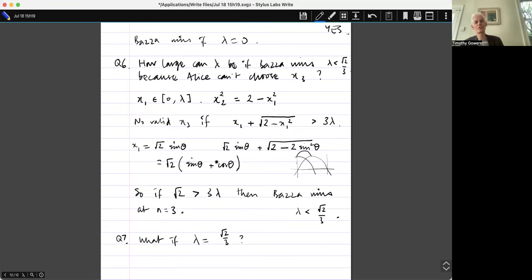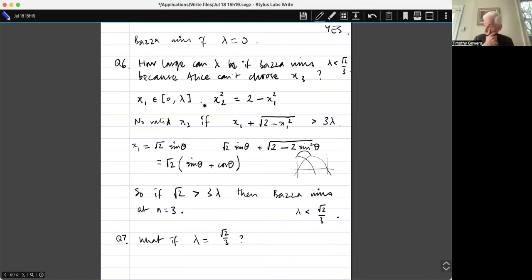And actually, there's an interesting symmetry there. So going back to when lambda was less than root 2 over 3, if Alice chooses x1 to be instead root 2, then Bazza has to choose x2 to be 0, because x1 squared plus x2 squared has to be less than or equal to 2. And so actually it makes no difference.